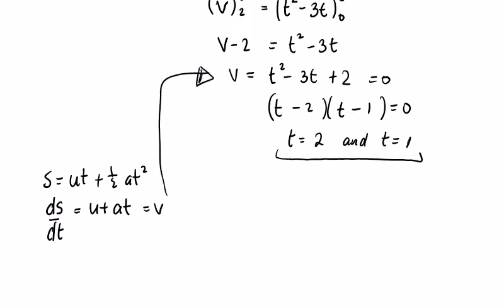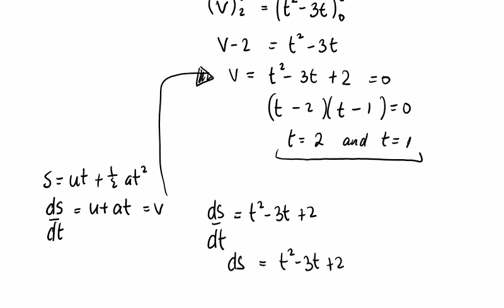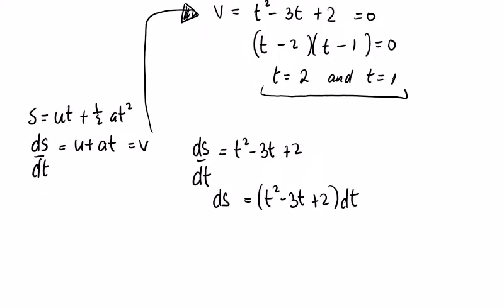So this will enable us to get back to s. So ds/dt is equal to t squared minus 3t plus 2, so ds is equal to t squared minus 3t plus 2 dt. So we integrate these.